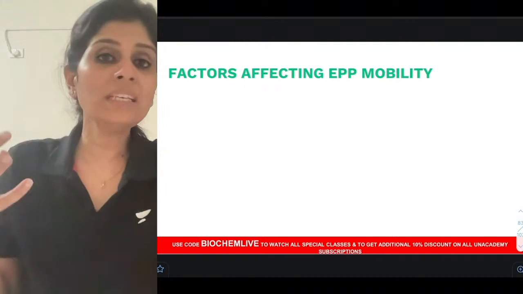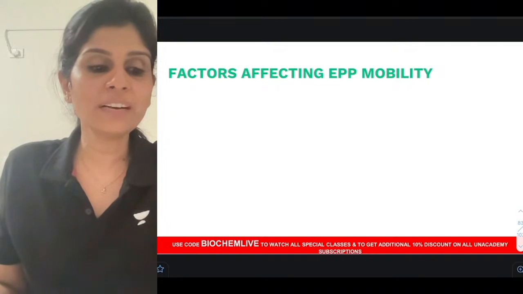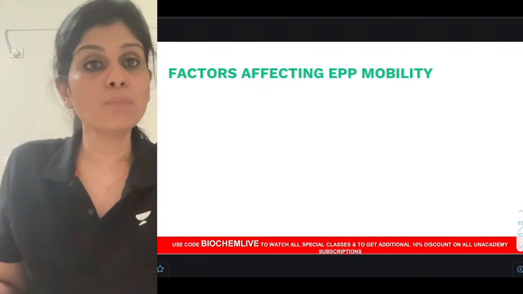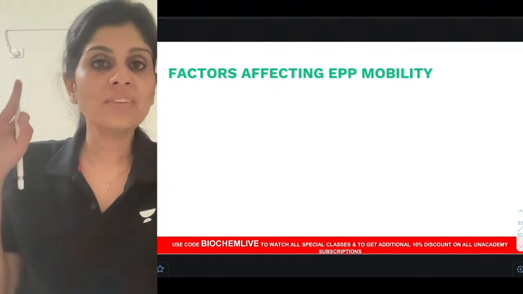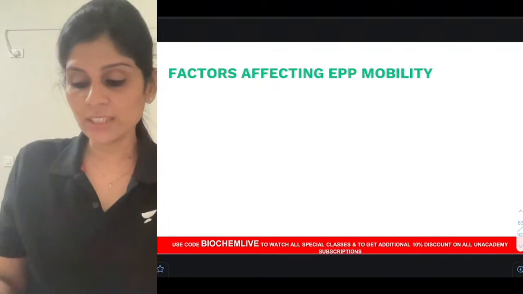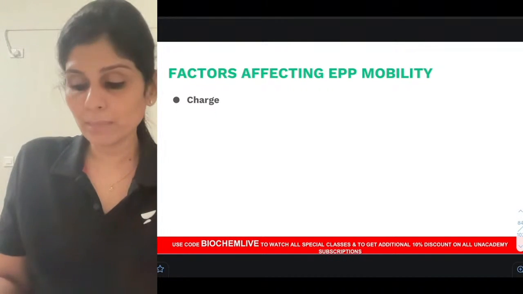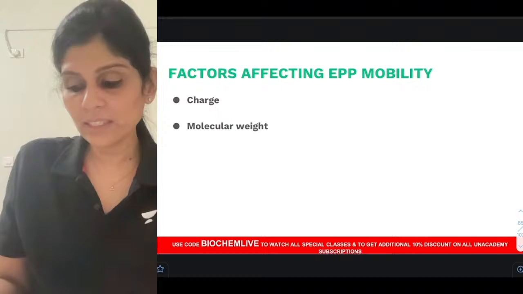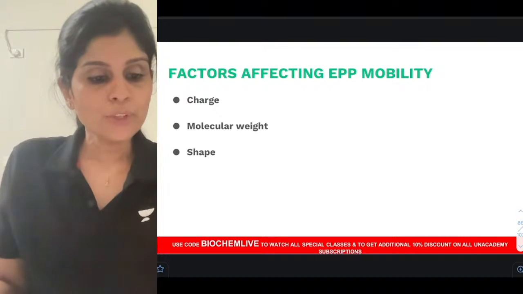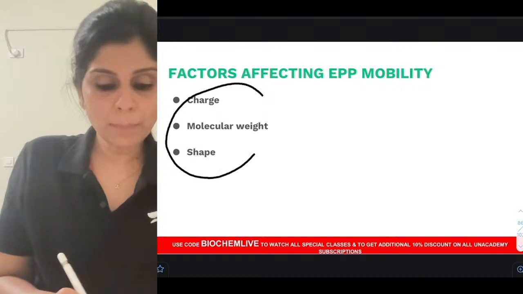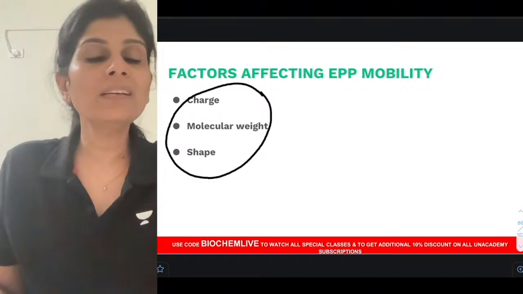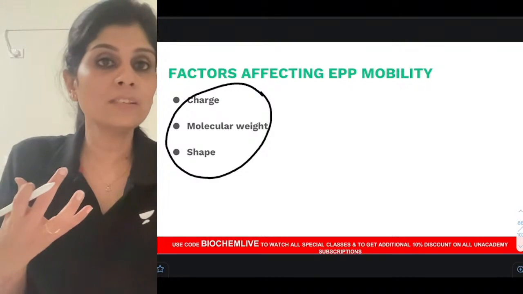But before we discuss that, can you tell me the three factors based on which electrophoretic mobility is affected? The three factors are, number one, number of charges. I told you, right? Number of charges. Number two is molecular weight. Number three is shape. So when you have multiple factors determining mobility, this mobility cannot be used to characterize a protein.